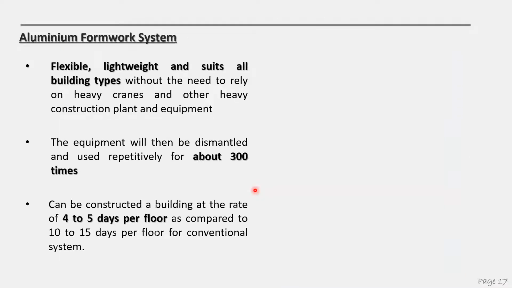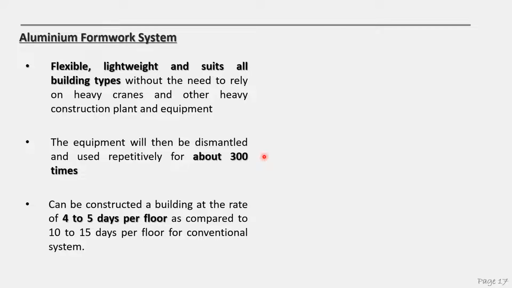And also you have aluminium formwork. Instead of using steel, you have aluminium, and this aluminium formwork is much more flexible and much more lightweight compared to steel. It can be used repetitively about 300 times.